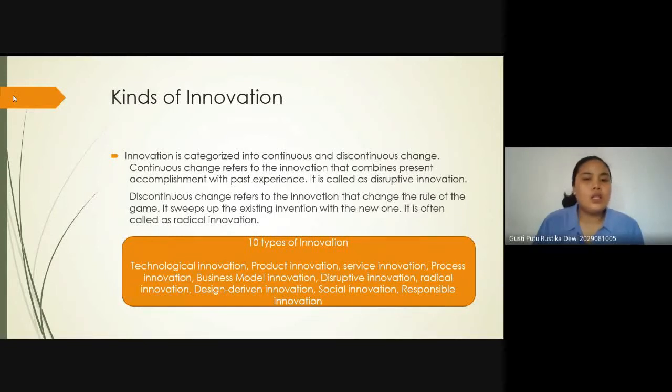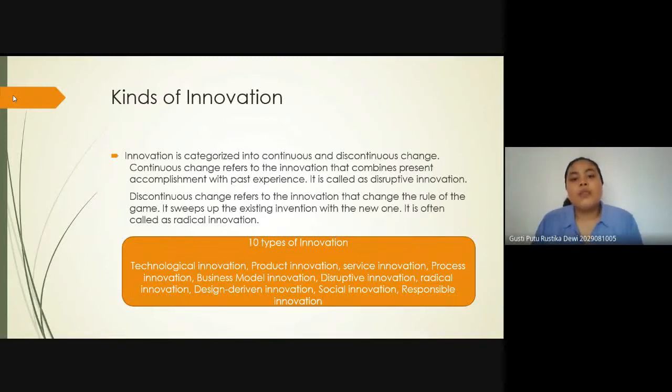The discontinuous change refers to the innovation that changes the rules of the game. So it swaps up the existing invention with the new one. It is often called as radical innovation.